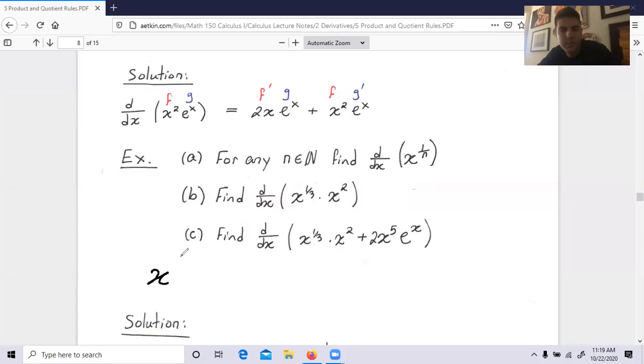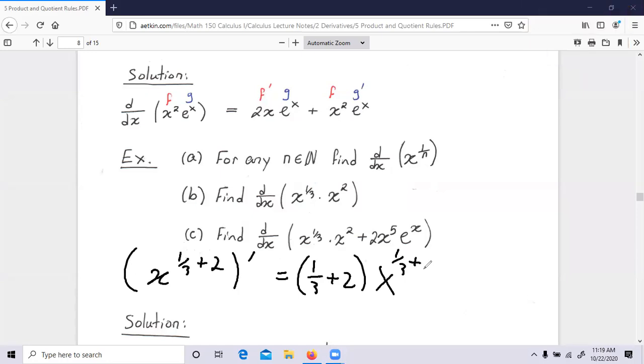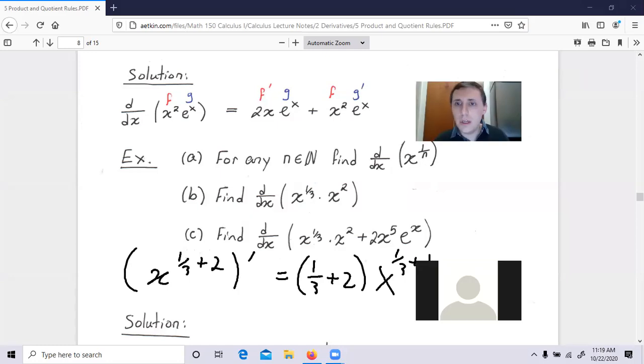You can say that it is x to the power of 1/3 plus 2, and therefore its derivative is simply 1/3 plus 2 times x to the power of 1/3 plus 1. You can simplify it if you prefer. Good.